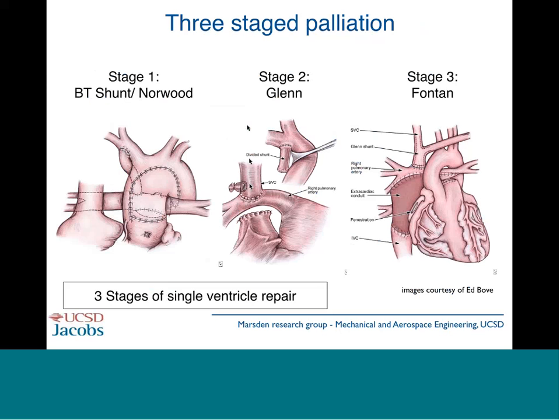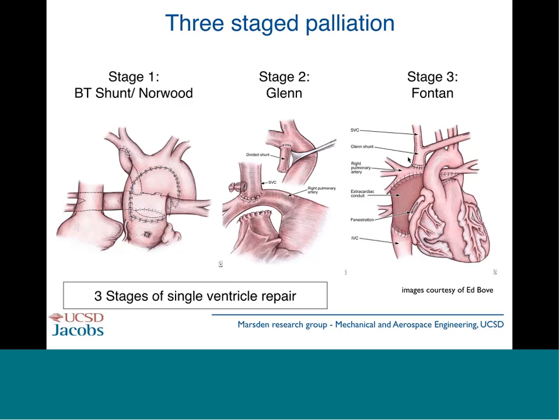This surgery connects the superior vena cava, the venous return from the upper body, to the pulmonary arteries. And then this is followed at age 3 to 4 by a Fontan surgery. The Fontan surgery aims to connect the entire venous return to the pulmonary arteries.